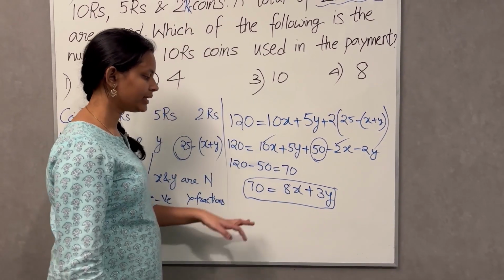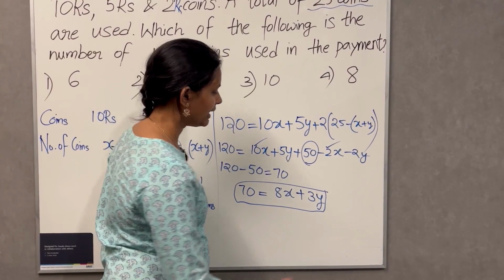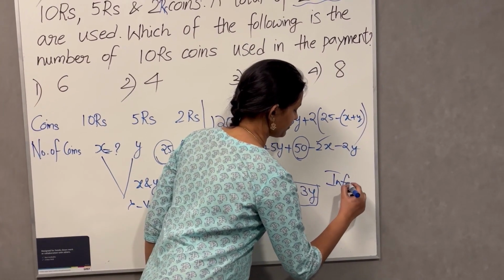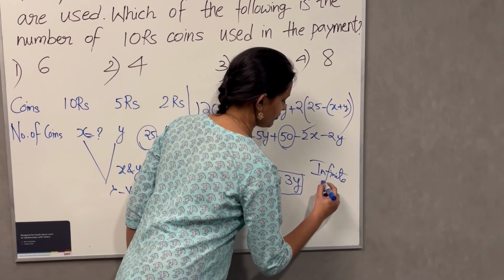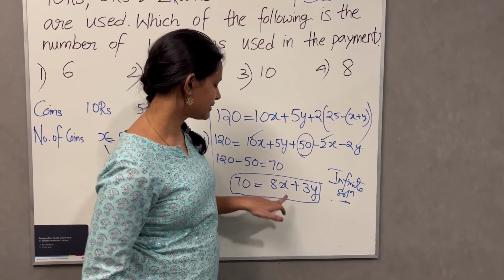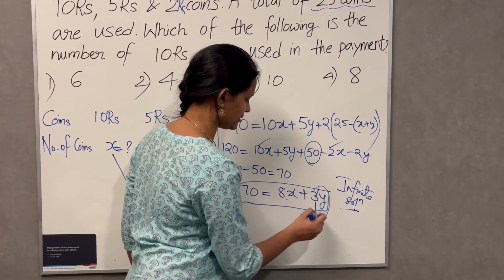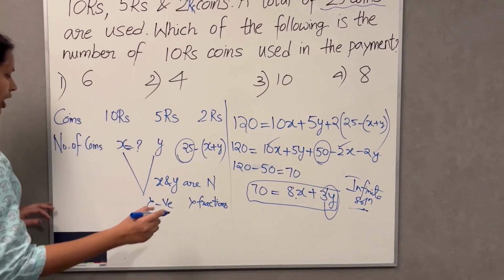Here we got a linear equation in x and y. It has infinite solutions, because x can be anything and according to it y changes. So how do we solve that?